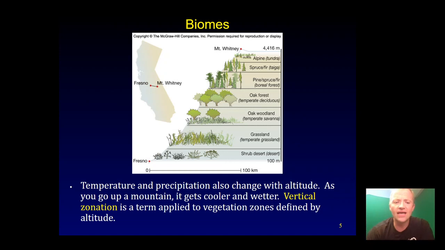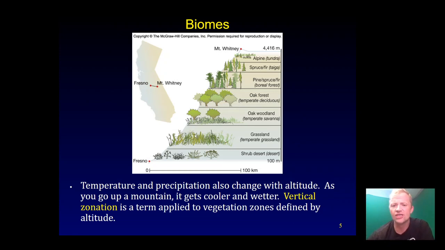But do know this one talks about vertical zonation, a term applied to vegetation zones defined by altitude. It's like going up a mountain, right? At the bottom, this is giving an example of Mount Whitney. You might have a lot of desert on the main level, right? But as you go up, you might get a little bit more precipitation because of elevation. It allows more precipitation to drop.